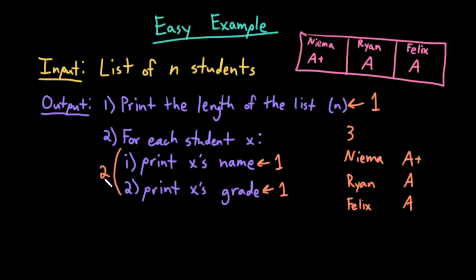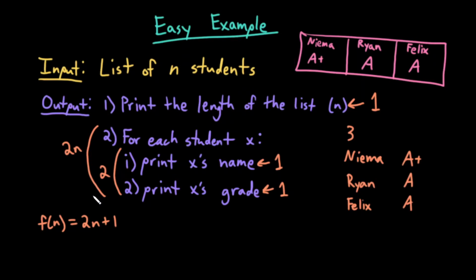I'm doing these 2 operations for each of my n students. Therefore, I have 2 times n total operations across all of my students. Therefore, the total number of operations my algorithm performs is f of n equals 2n plus 1. This is the 2n for all of here, and this is the 1 for this first step.